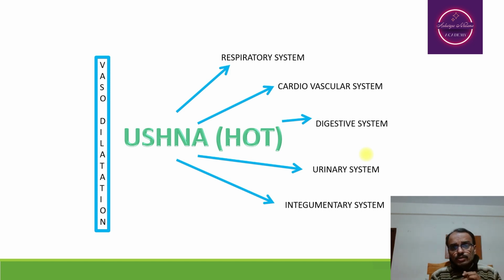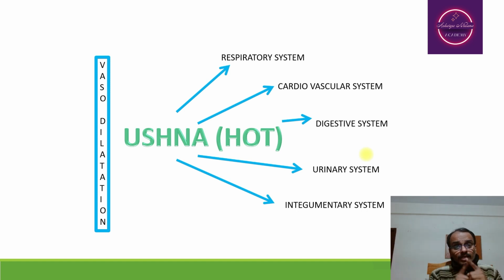Now we are going into a little more detail regarding the Ushna Guna and the respiratory system. Whenever the person is inhaling hot air or warm air, that is responsible for peripheral vasodilatation in the nose itself.